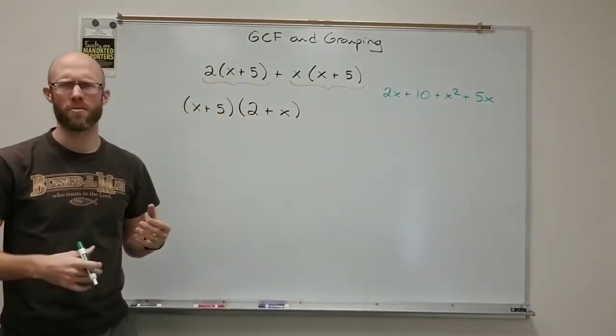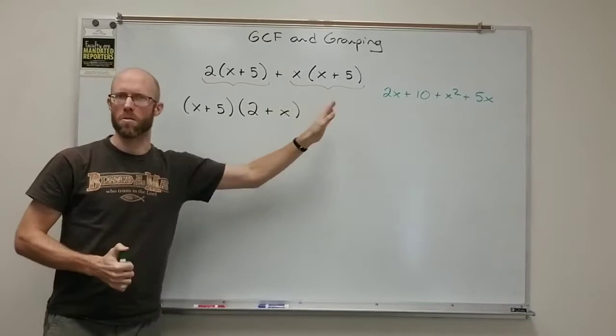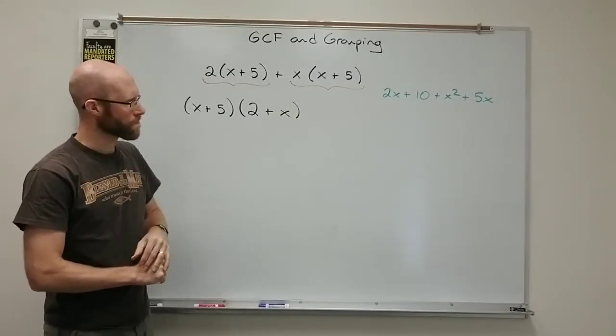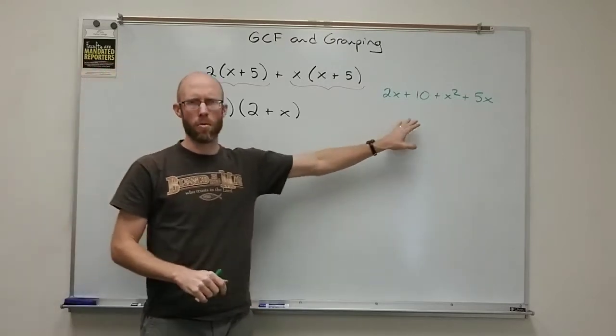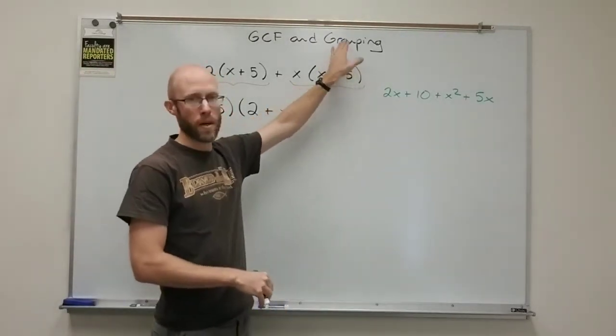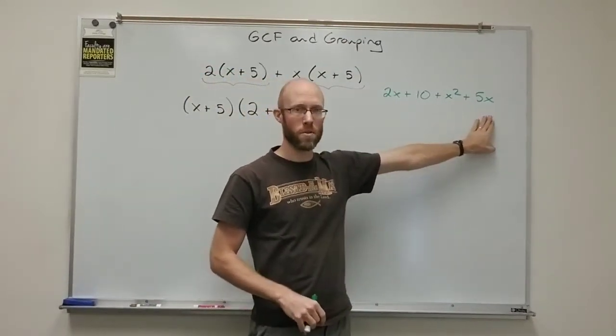Right, so I actually have 4 terms there. Now technically I could combine some like terms, but I'm just going to leave it as 4 for just a moment, because I think it's going to be important to see something here. When we get into this idea of grouping, we're going to be looking at polynomials with 4 terms.